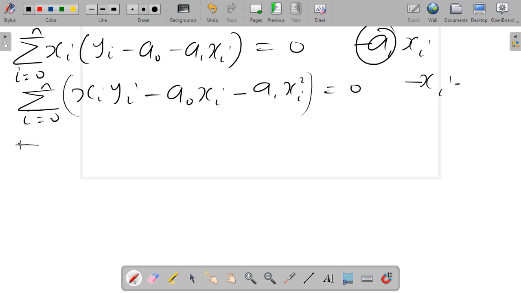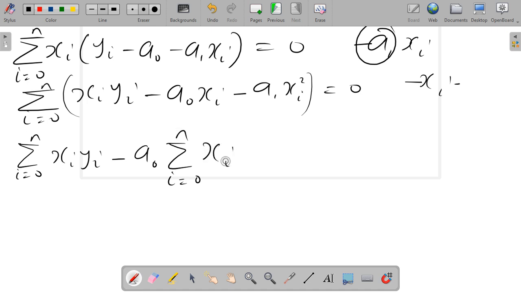I'm having the summation of i starting from 0 to n of xi yi, minus a0, which can come outside, the summation of i starting from 0 to n of xi, then minus a1, which will come outside too, the summation of i starting from 0 to n of xi squared, is equal to 0.